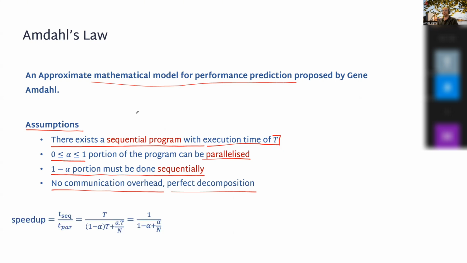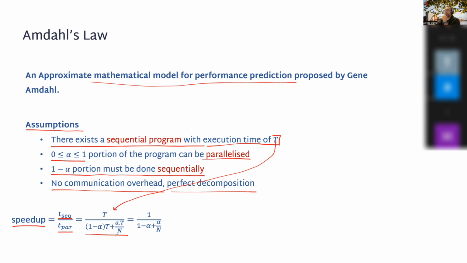So now, using these assumptions, we can compute the speedup of our program. Remember the speedup equation: the time taken by the sequential program divided by the parallel time. According to the assumptions, the time taken by the sequential program is t, and we should just compute the parallel time for this program.